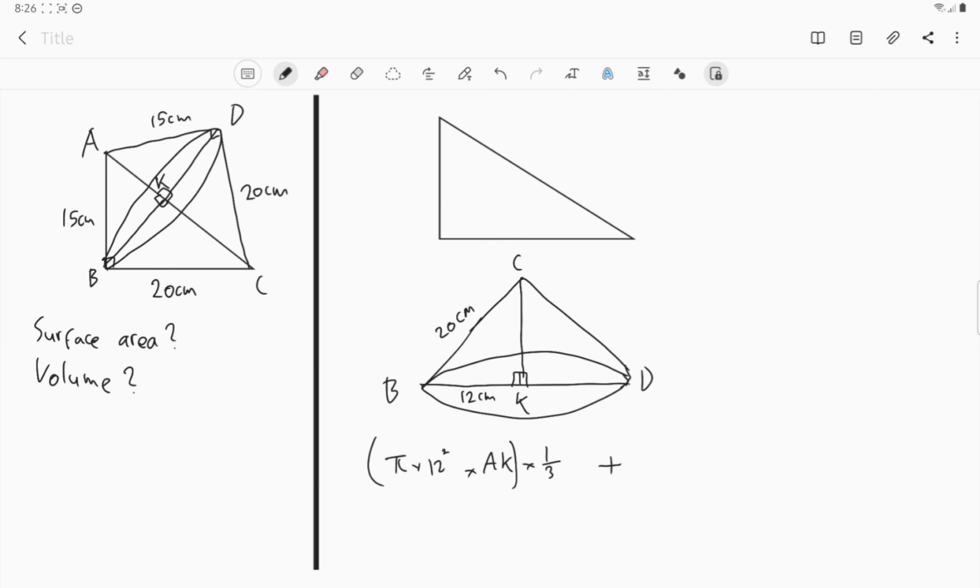This time it is 20 centimeter, but it doesn't matter because we only care about the height CK. Now the volume for this one is P times 12 squared times CK times a third.